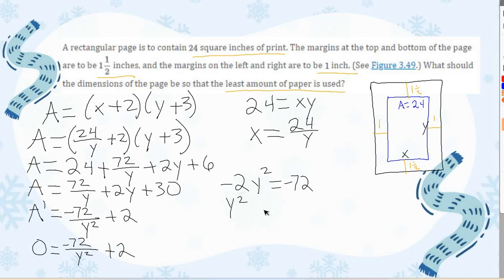Multiply by negative 2 on both sides. And we get 36, so we get that y equals plus or minus 6. Which one of those do we care about? A positive one. Okay, again, we're stopping at 0 because we don't want negative dimensions of our sheet of paper.